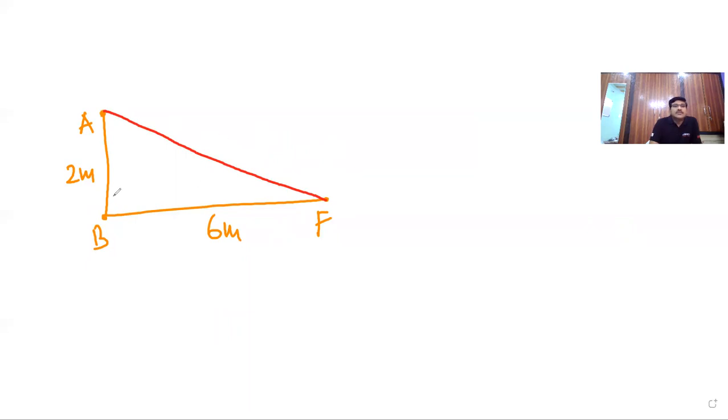This is displacement. So right angle triangle, AF square, applying Pythagoras theorem: base square, BF square, plus height BA square. Clear?